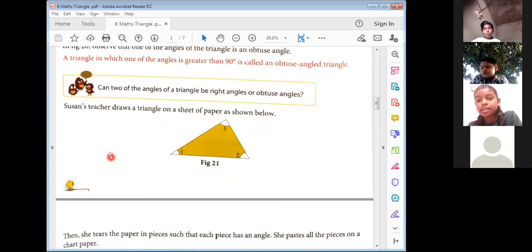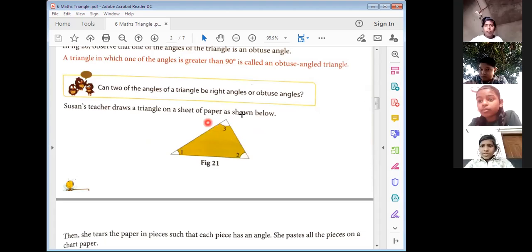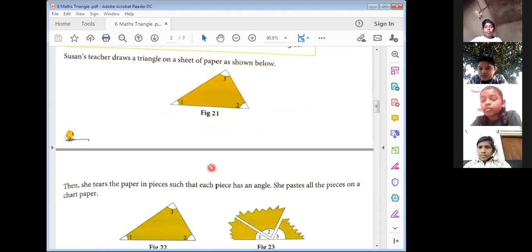Let us read about it. Sushant's teacher draws a triangle on a sheet of paper as shown below. Instead of Sushant's teacher, think that your teacher, that is me, has drawn this kind of triangle.